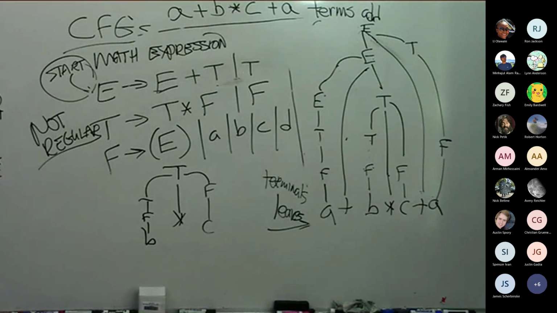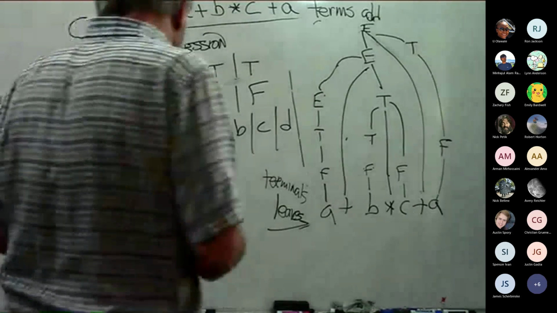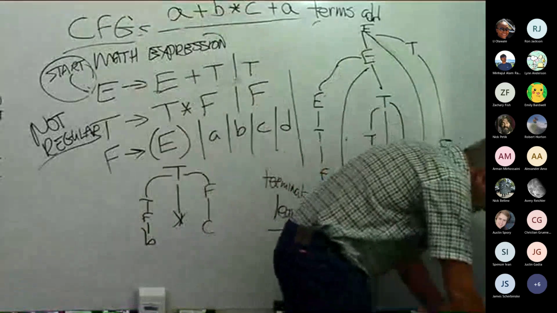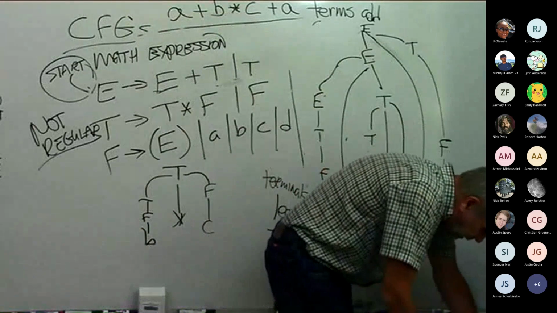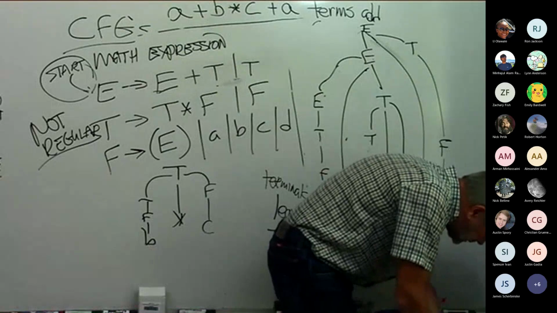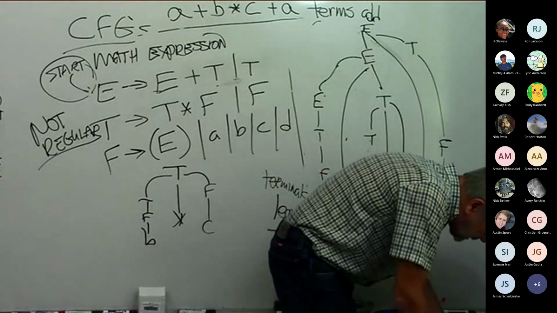Now the question that I'm sure you're asking is, so what kind of a machine will accept a context-free language? We said a DFA will not, or an NFA will not. And around page, stay with me here.